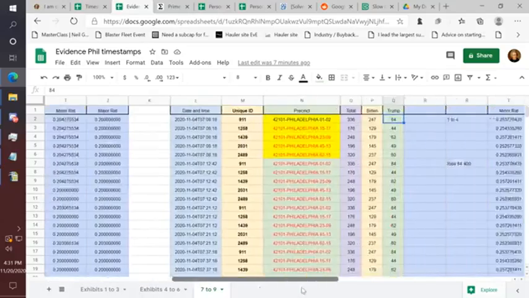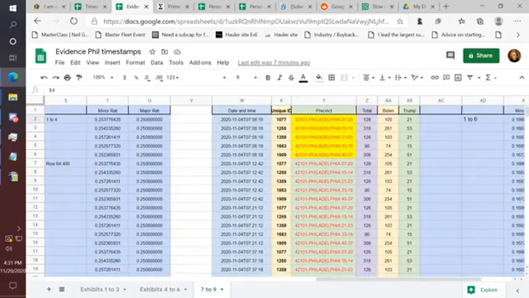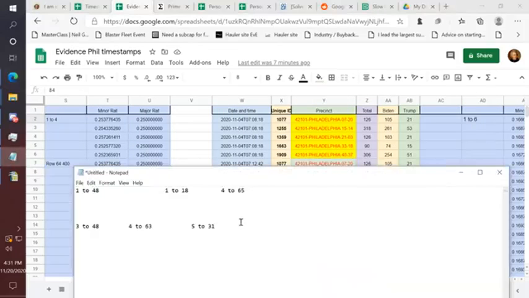The last ratio is a 1 to 5, 1 to 4, 1 to 6. Now, a couple of these exhibits were plausible, but for the sake of this example, how I think it works, we're just going to say that they were all fraudulent.